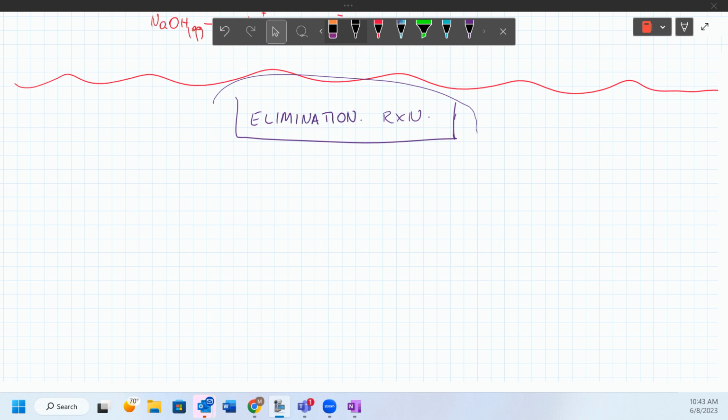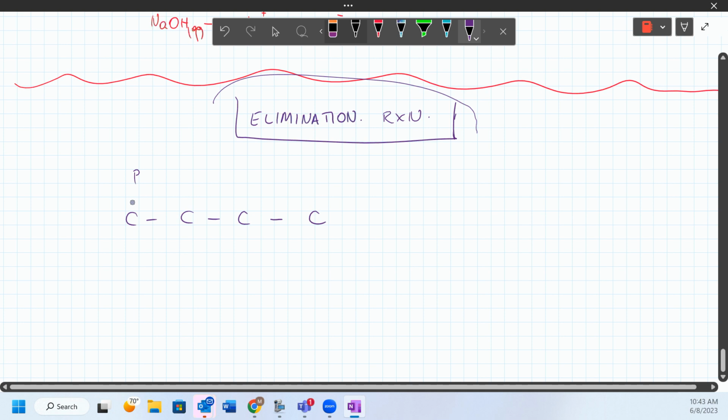So let's suppose that we have this butan-2-ol. So it's an alcohol. The structural formula of it will be something like this. Since we have but, then we have 4 carbons.